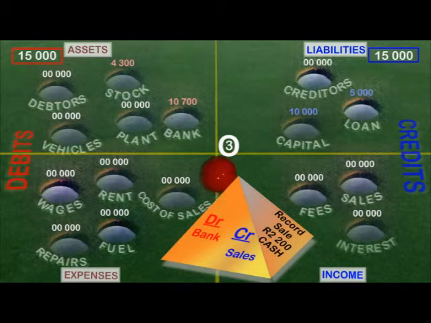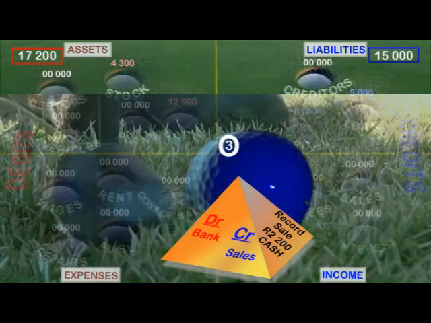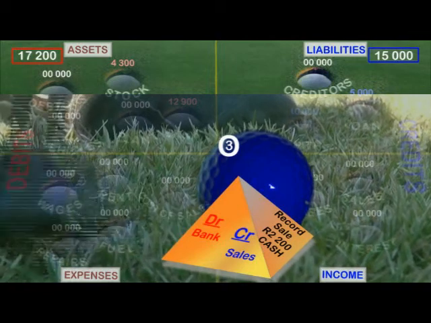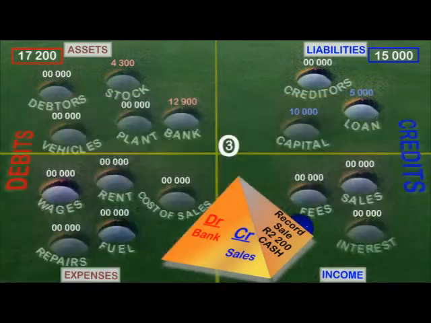There we are, and the bank balance increases by 2,200 to 12,900, together with the debit balance counter at the top. Sales must receive the credit of 2,200, straight down the line. Sales has a credit balance of 2,200, and the credit balance counter is again in sync with the debits at 17,200.